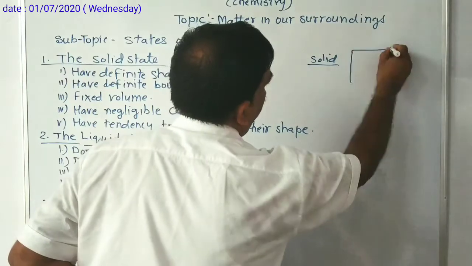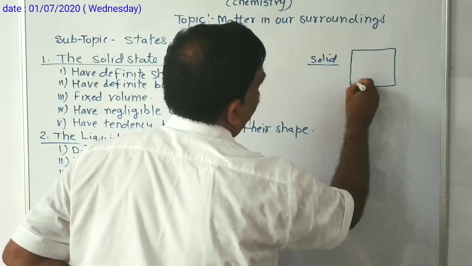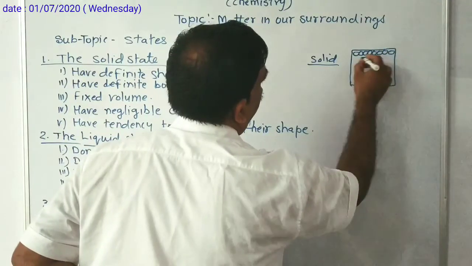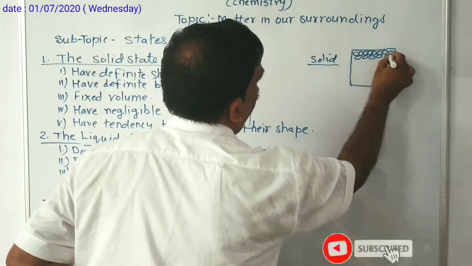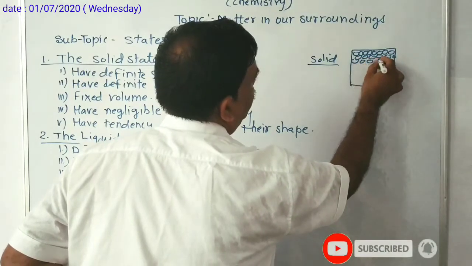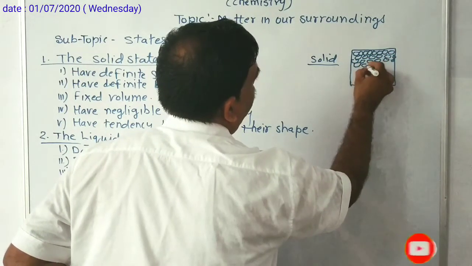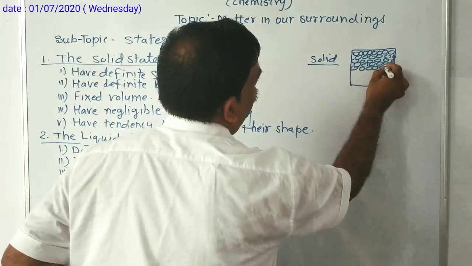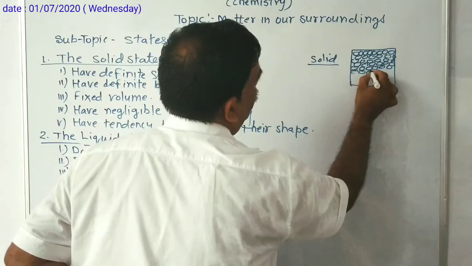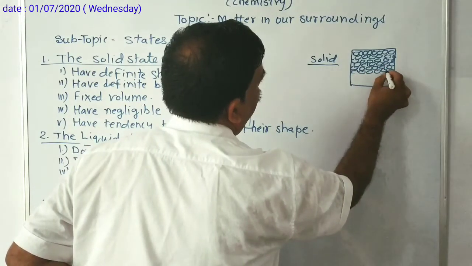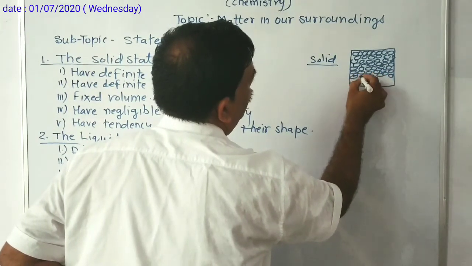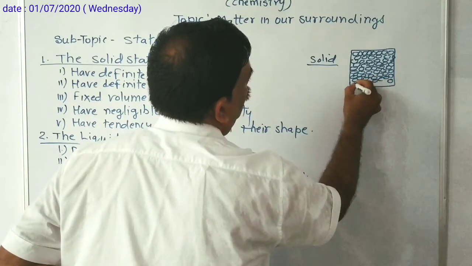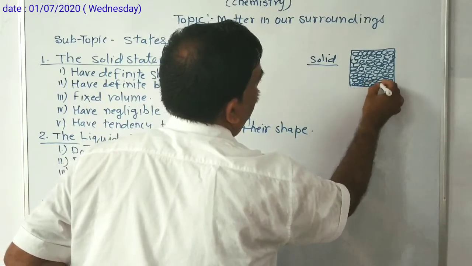If you see the molecular arrangement of a solid, the molecules will be closely packed in this manner. All the molecules will be closer to one another.